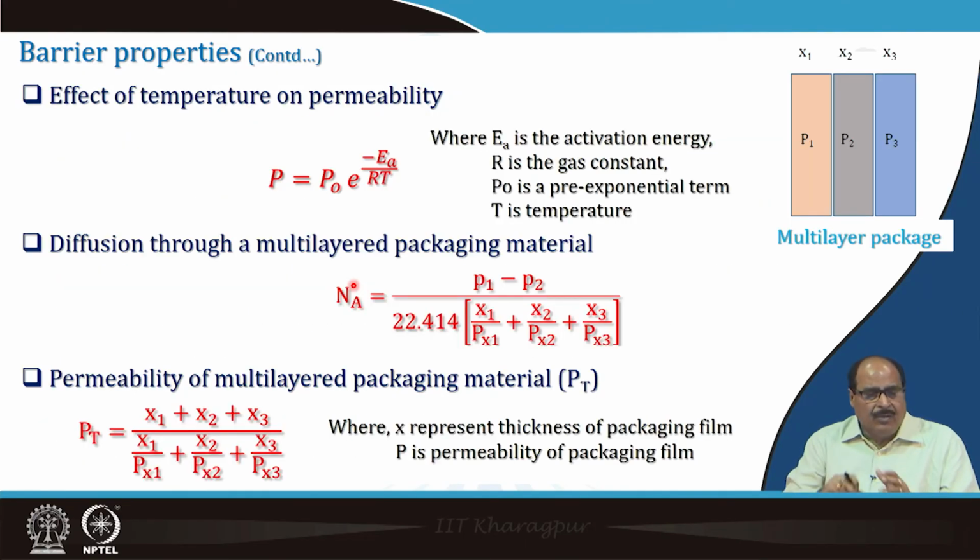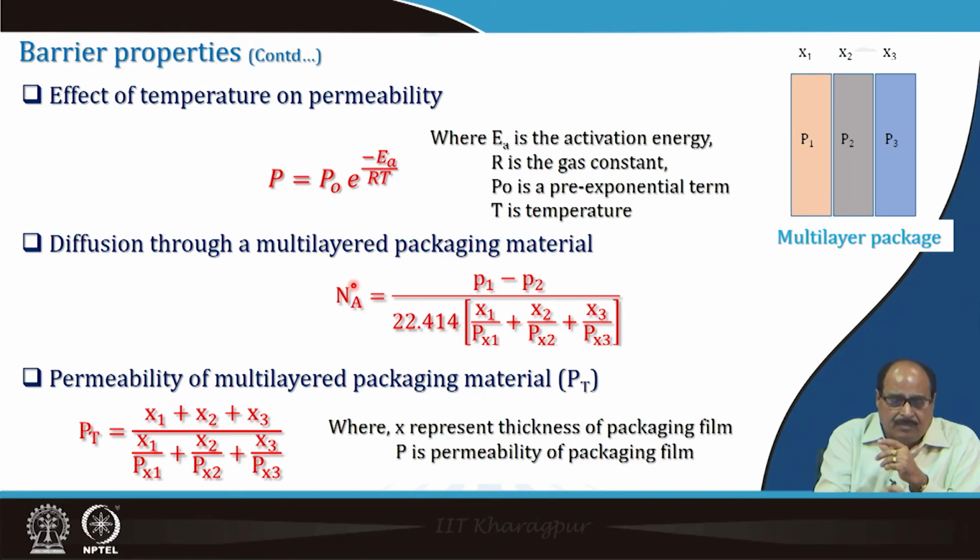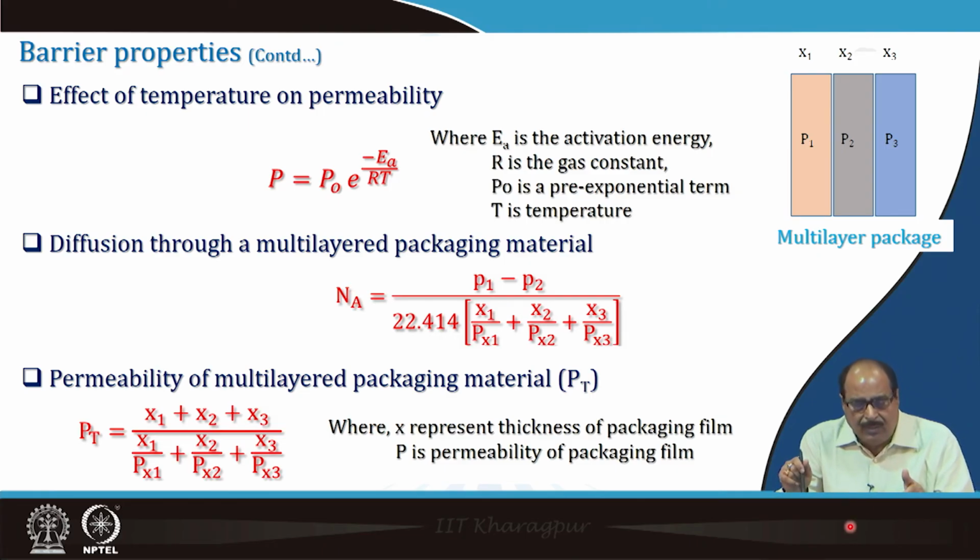So, the effect of temperature on permeability is expressed by P is equal to P0 e to the power minus E_A by RT. Diffusion through a multi-layer packaging material is described by N_A is equal to (P1 minus P2) divided by 22.414, the whole thing multiplied by 1 over (x1 by Px1 plus x2 by Px2 plus x3 by Px3).